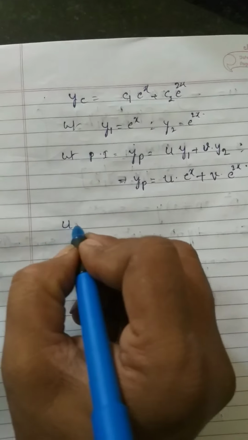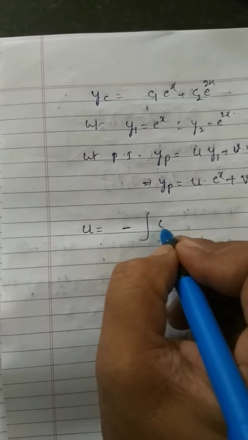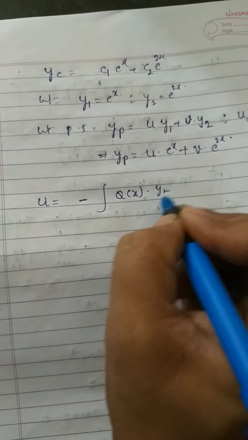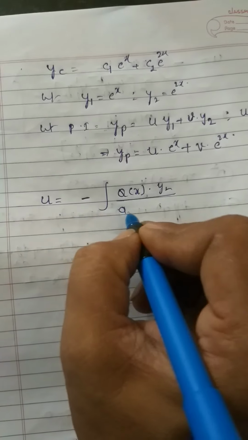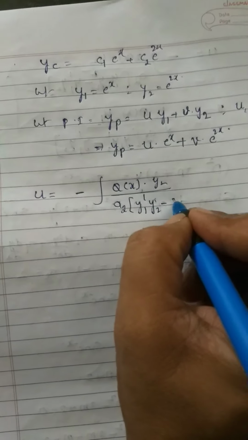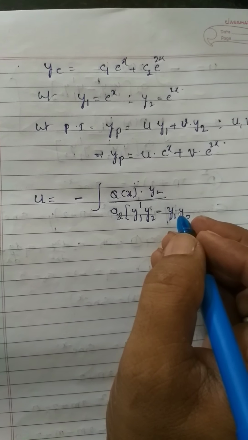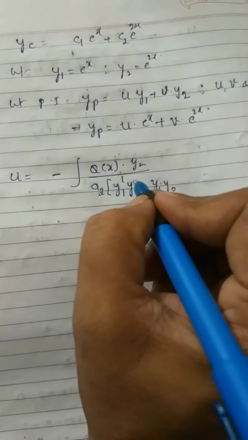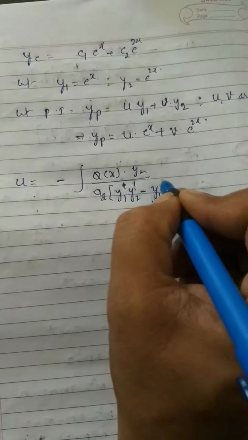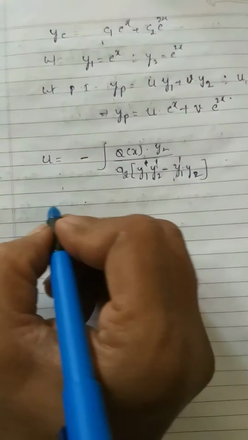We know the formula: u = −∫ q(x) y2 / (a2 (y1 y2' − y1' y2)) dx. Now substitute those values.